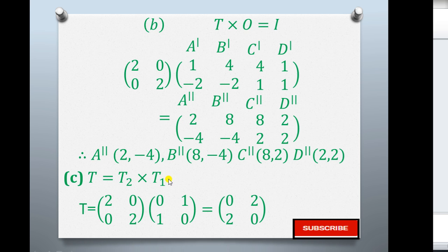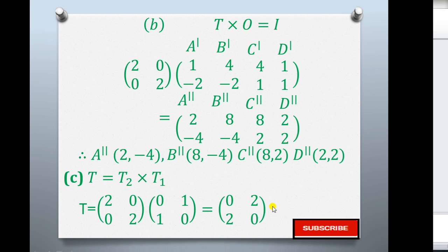When you change this order, you end up getting wrong answers. So you will simply multiply these two matrices, row by column again, and that will give you 0, 2, 2, 0. So you will have a matrix that maps A, B, C, D to A double prime, B double prime, C double prime, and D double prime.